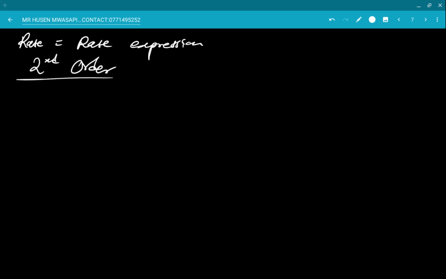Then lastly, let's look at the second order. Remember, rate is equal to what? Rate expression. So this is for a second order. You can pause the video and try to attempt to do it on your own. So you have k concentration A squared being equal to negative change in concentration of A over change in time.